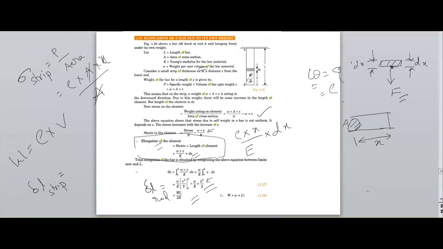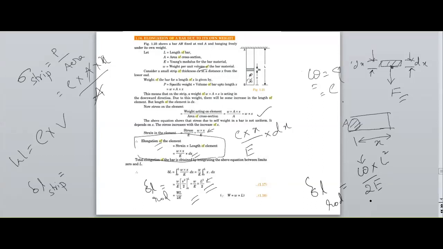Here we had derived that the elongation of the bar due to its self-weight is, here rho is nothing but the density, into L square, that is the length of the rod, by 2E. So that is the elongation in the rod due to its self-weight when the density is given.